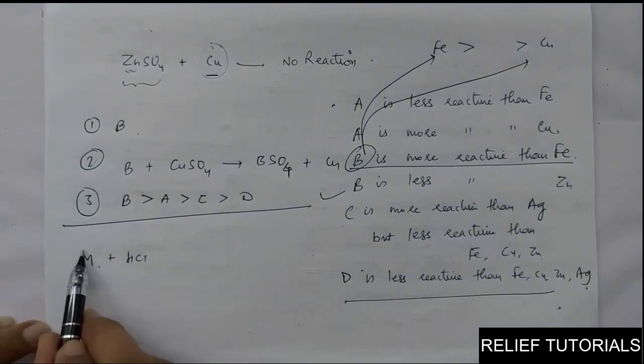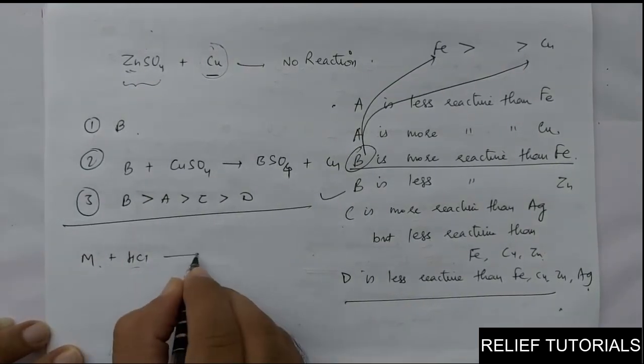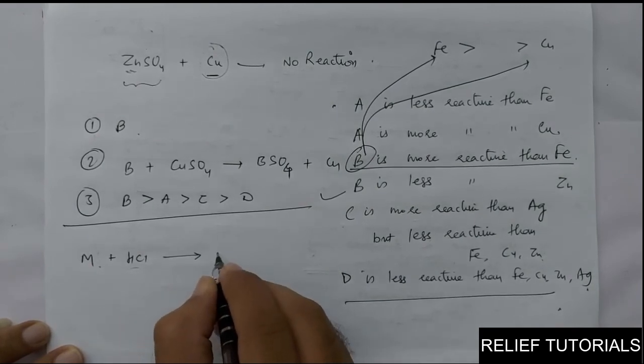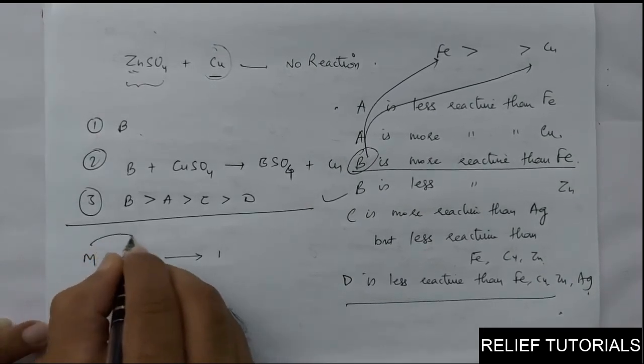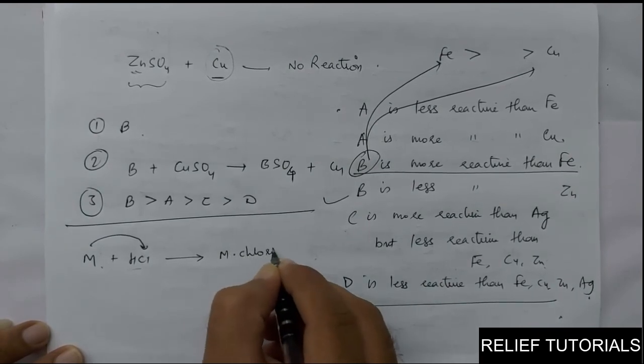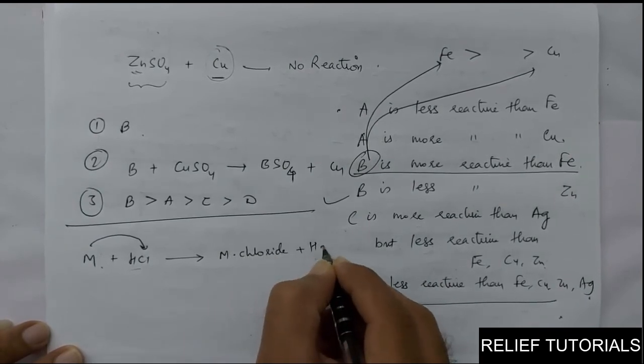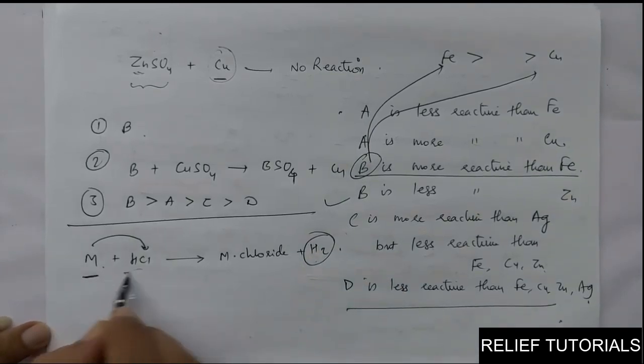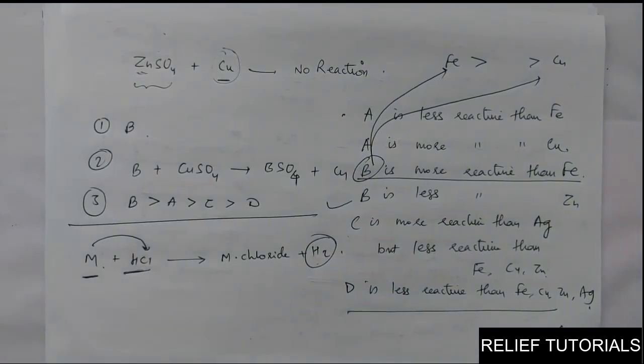As we know, when any metal reacts with dilute hydrochloric acid, the metal reacts with chlorine, so it forms metallic chloride and hydrogen gas is liberated. So when any metal reacts with acid, which gas is produced? The answer should be hydrogen gas.